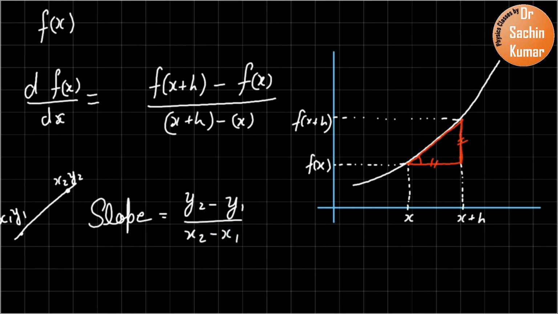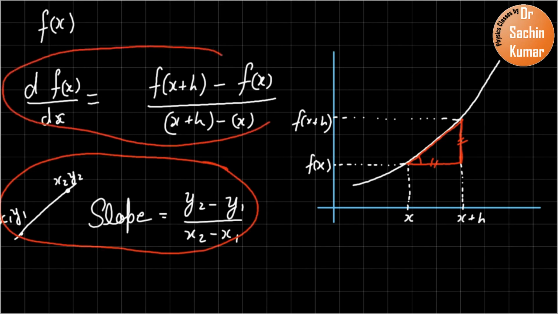So this is the definition of a slope. This case belongs to a straight line, but this case doesn't belong to a straight line. I am taking this for a curve which is not a straight line. So how can I define the slope of a curve which is not a straight line?